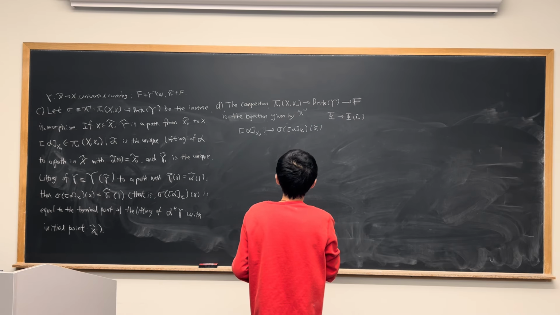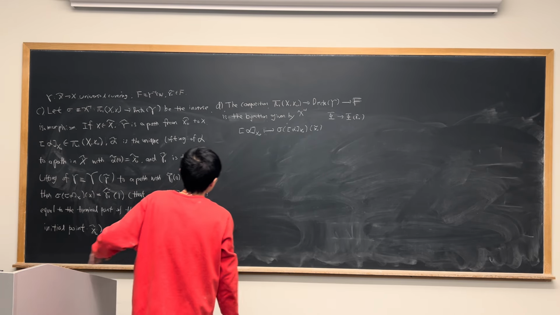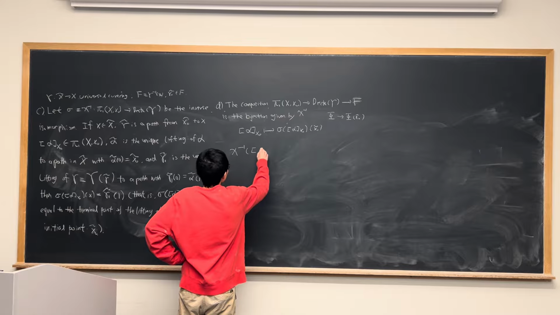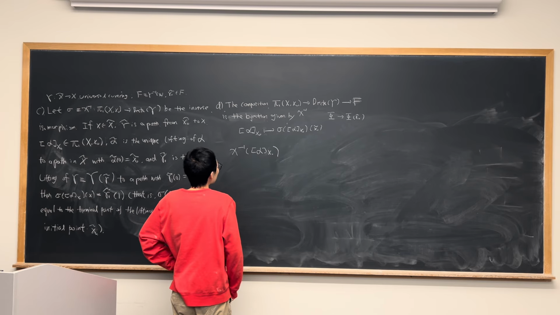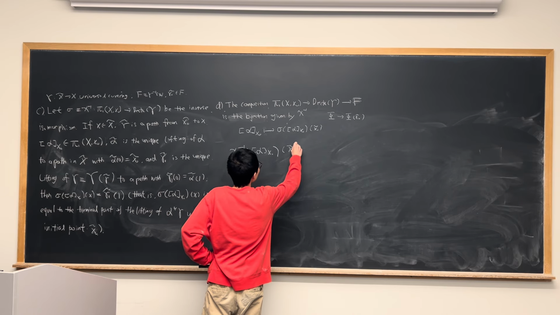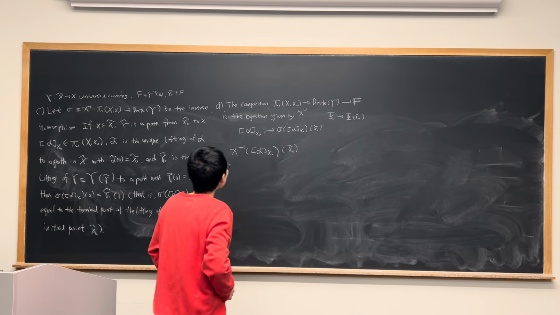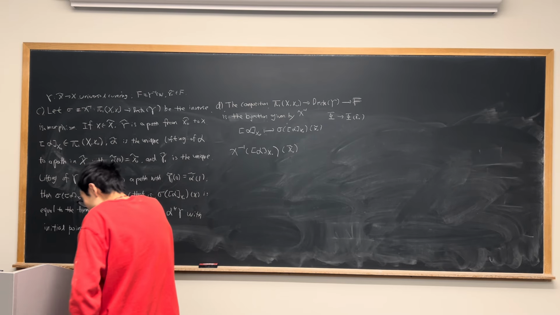Okay, so let's see why it's this one. If you start with this alpha, let's see what is this alpha inverse of. Namely, I want to show this alpha inverse of this one, and then evaluate at x naught tilde. I think that's trivial, right?